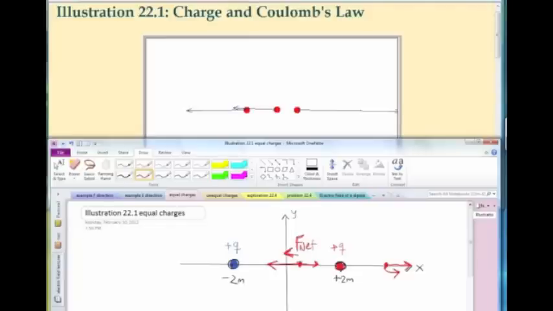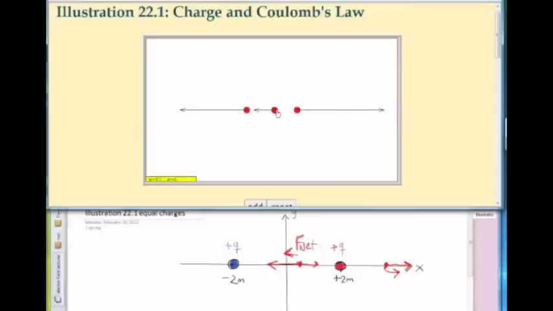When you're there. Of course, things would change when you pass the middle point. But right when you reach the middle point, you see no vector force acting on the middle charge. That's because the force of one is compensated by the force of the other one. One is pushing to the left, one is pushing to the right. And with equal distances and equal charges, they cancel out.